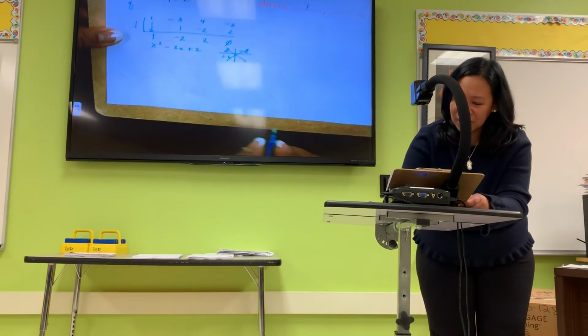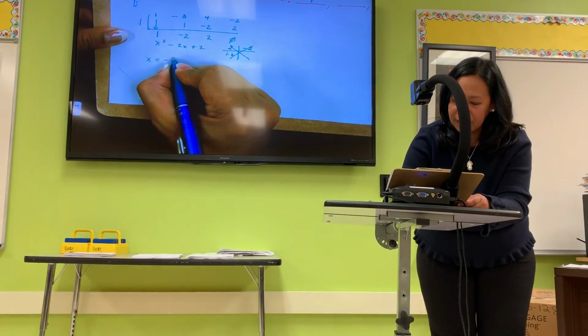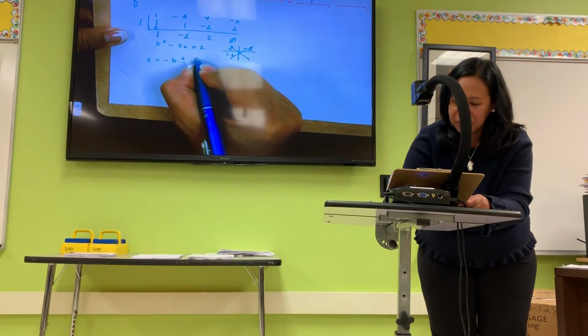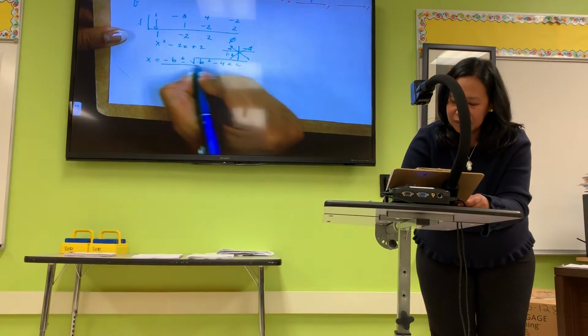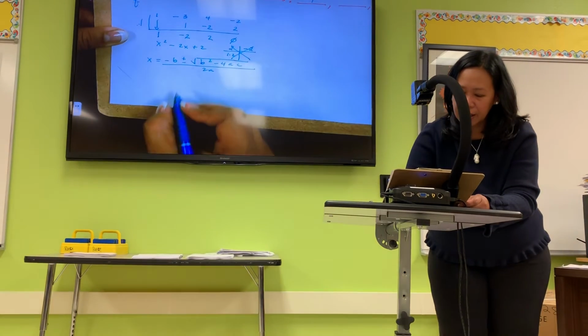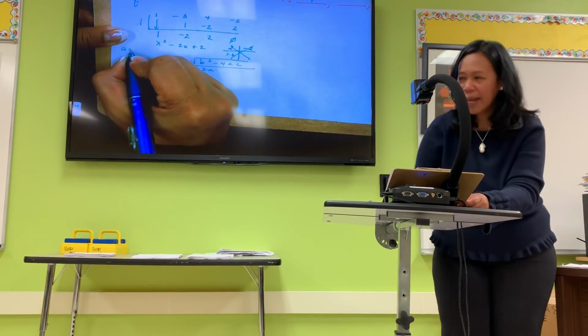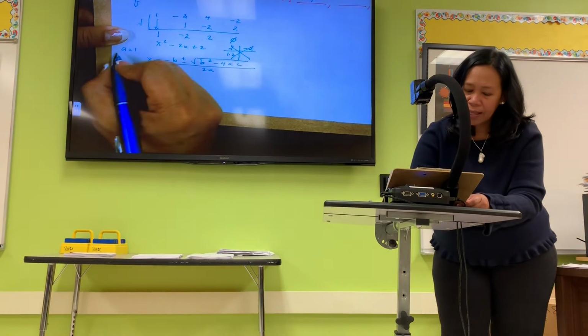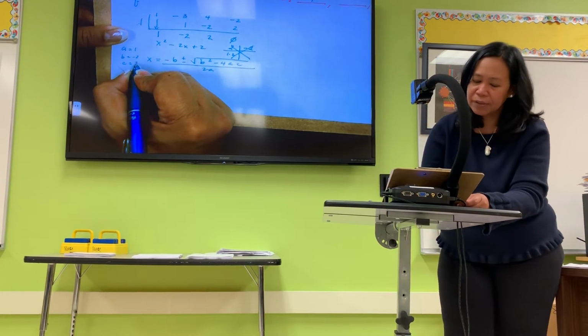So x is equal to -b plus or minus square root of b squared minus 4ac, all over 2a. There you go. So our a is 1. On this side, I'm going to write my ABC. My b is -2 and my c is +2.